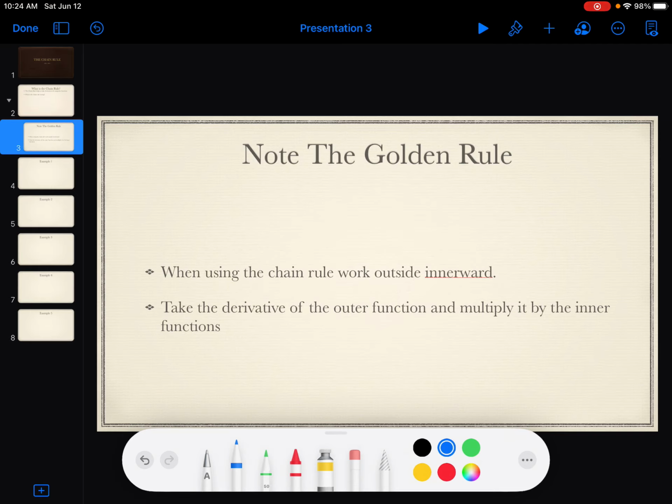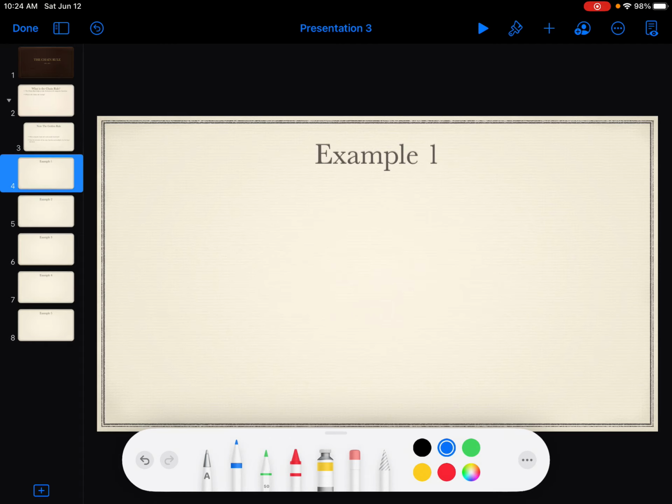It's very important. Another thing is that it's very good to do some examples on the chain rule, because it's one of those rules that when you do examples, that'll really help you out. So let's do an example.